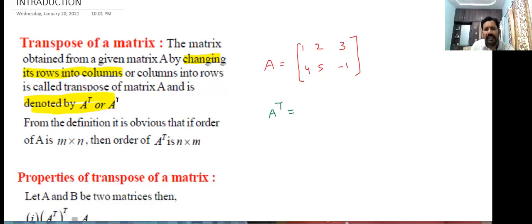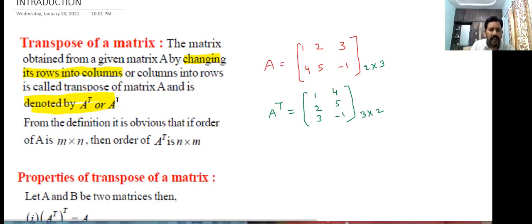That means interchanging its rows into columns. First row, write as first column. Second row, write as second column. This is A transpose. So the A matrix order is 2 by 3, but the A transpose matrix order is 3 by 2.